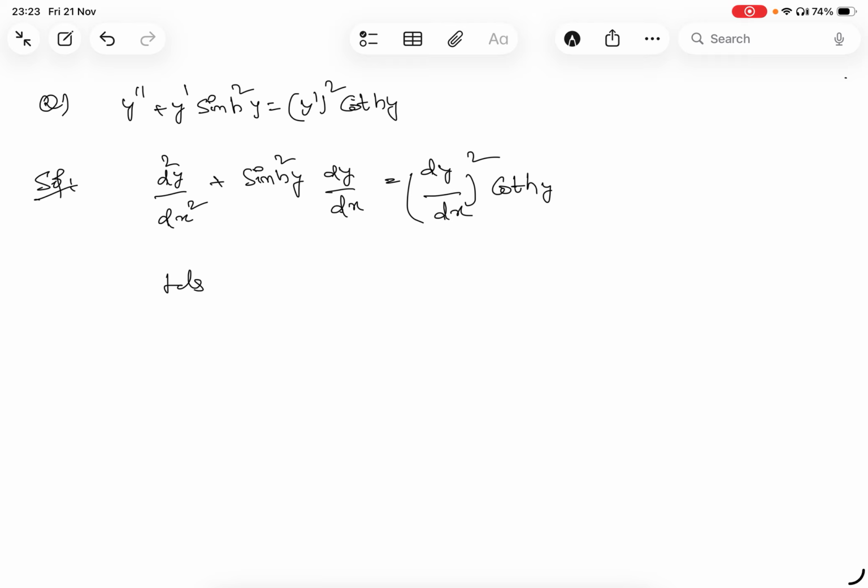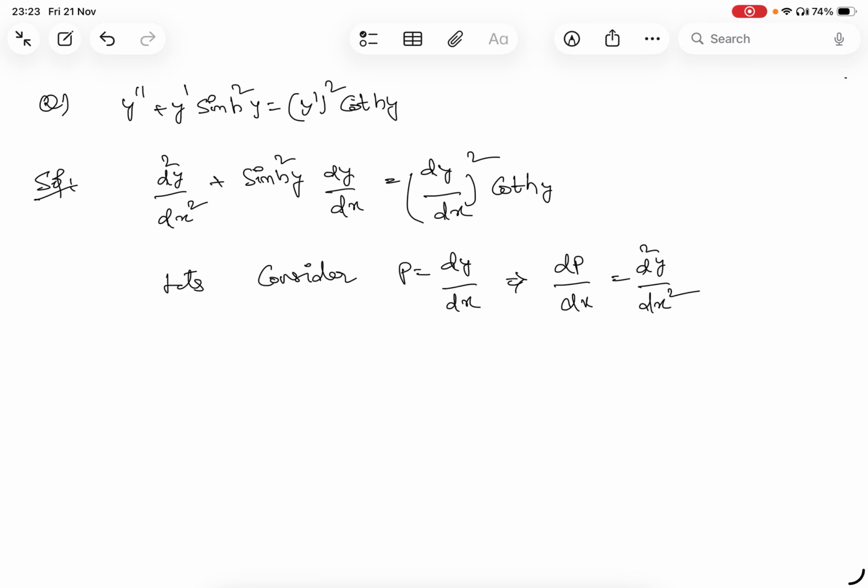Now let's make some substitution. Let's consider p as dy/dx. If you differentiate it again, dp/dx becomes d²y/dx².